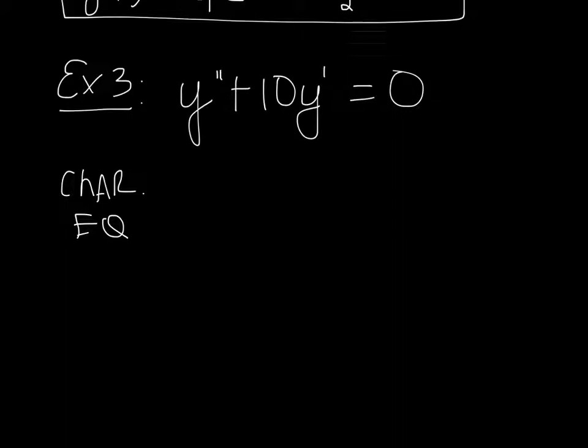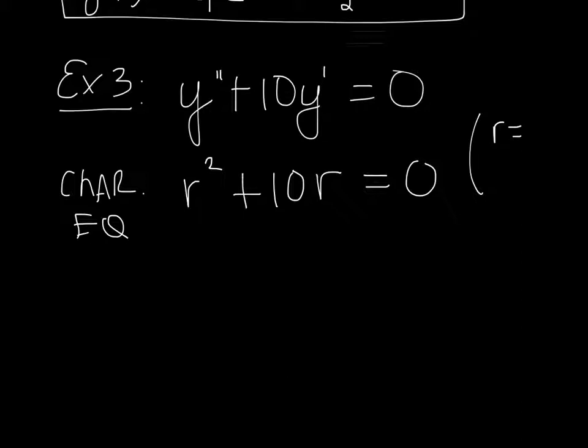Let's say r is y prime, so this is r squared plus 10r equals 0. I'm letting r be the first derivative, so r squared is the second derivative.